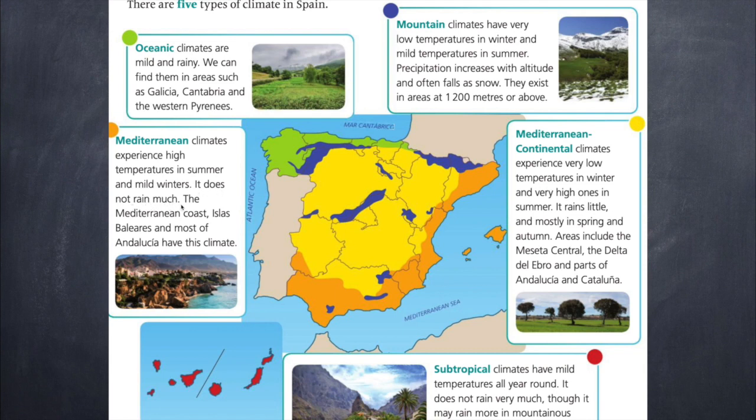It does not rain much. We find it on the Mediterranean coast, Islas Baleares, and most of Andalusia. And finally, we have subtropical climates that have mild temperatures all year round. It does not rain very much, although it may rain more in mountainous areas. We can find the subtropical climate in the Islas Canarias.